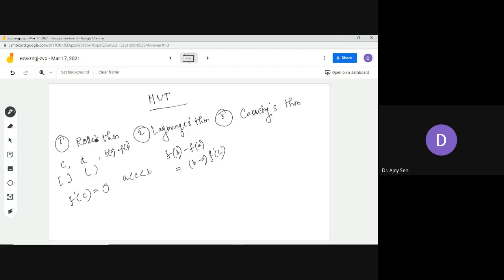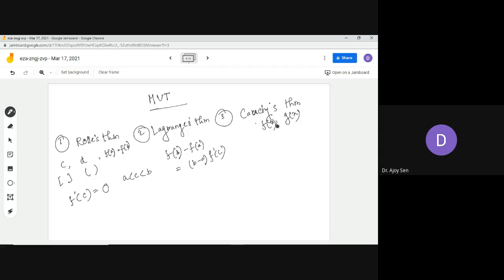And there is another important theorem, given by Cauchy, another mean value theorem. It's a little bit different because in Cauchy's theorem two functions are involved. One function is f and another is g.